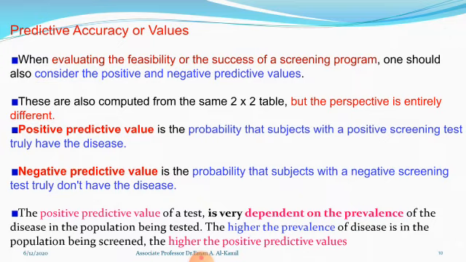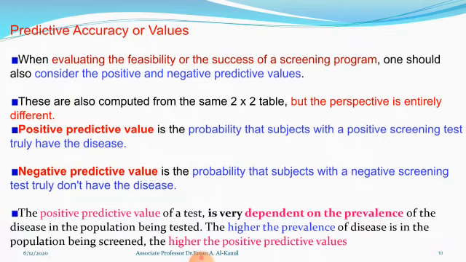The positive predictive value is the probability that subjects with a positive screening test truly have the disease. What does that mean? That means that among those individuals who are positive by the screening test, how many truly have the disease in the community.